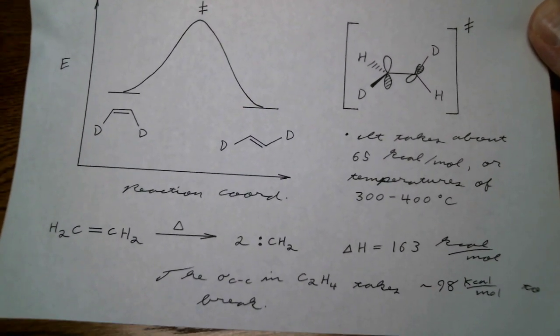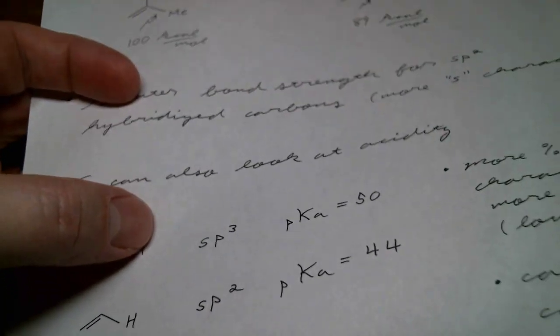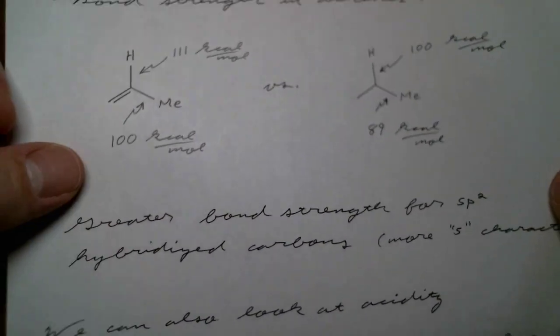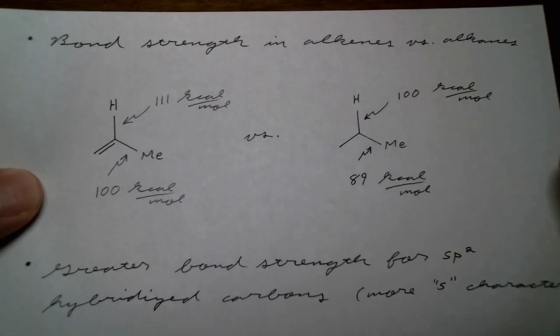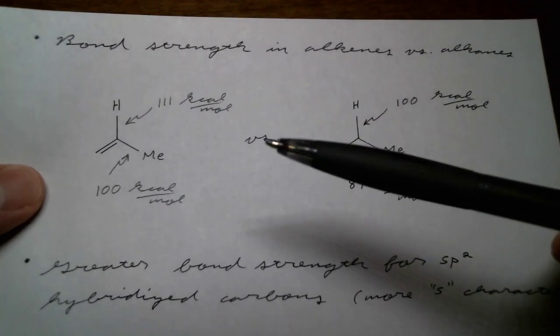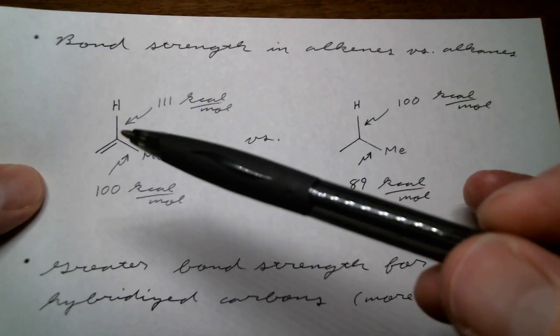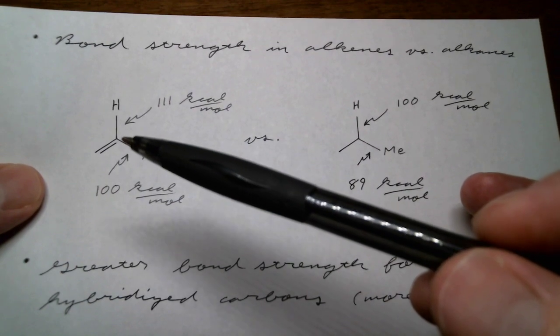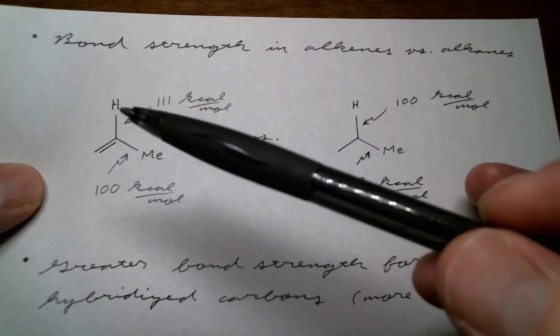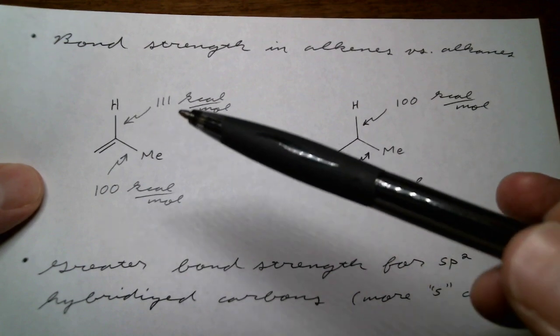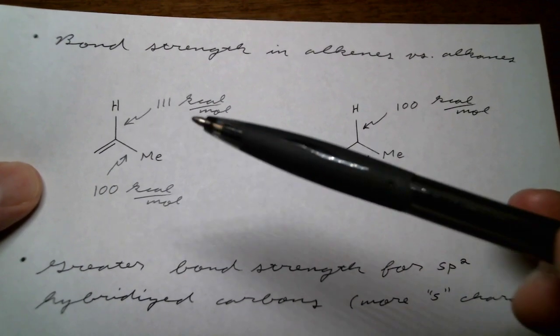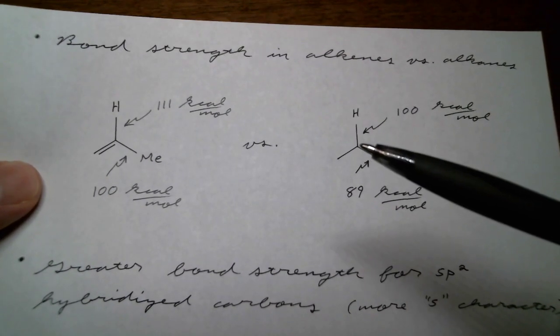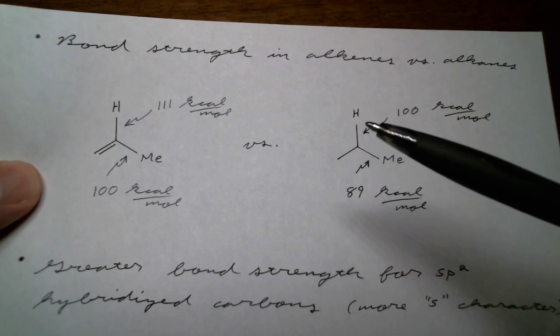Let us see. Bond strength in alkenes versus alkanes. Here we've got our carbon sp2 hybrid overlapping with a hydrogen 1s. That's worth 111 kcals per mole. Here we have a carbon sp3 hybrid overlapping with a 1s.